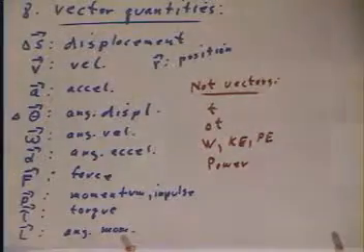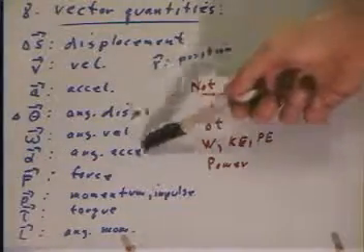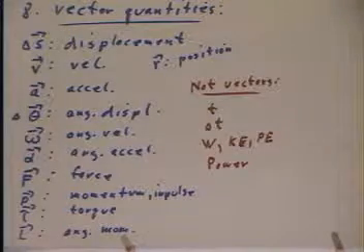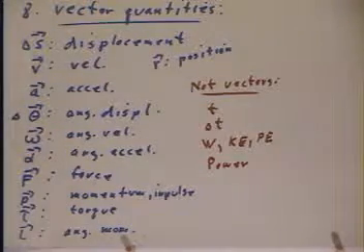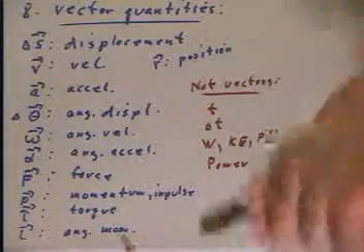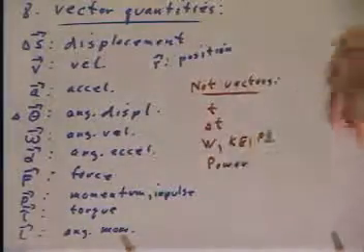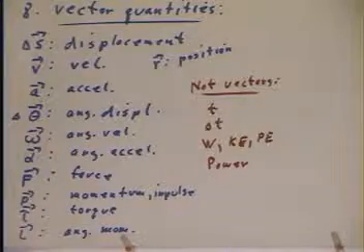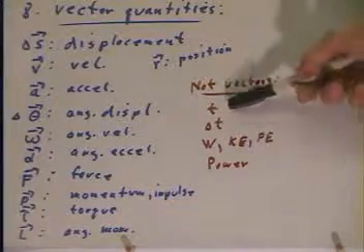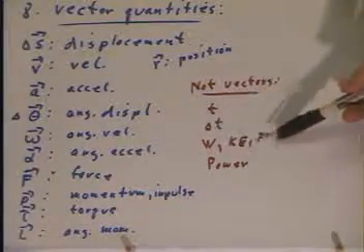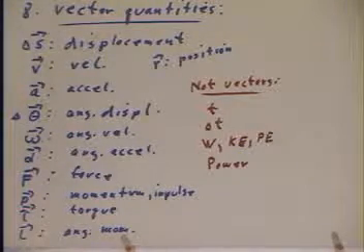Angular acceleration is not, of course, parallel to angular velocity because it changes angular velocity, but it might be parallel. So angular momentum, which is a product of moment of inertia and angular velocity, is clearly a vector quantity. And things that aren't vectors, time, time interval, work, kinetic energy, potential energy, and power don't have directions.